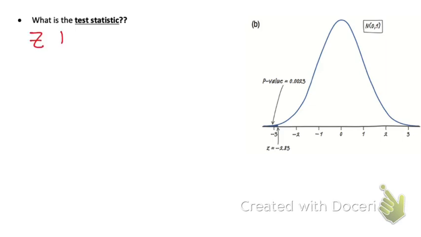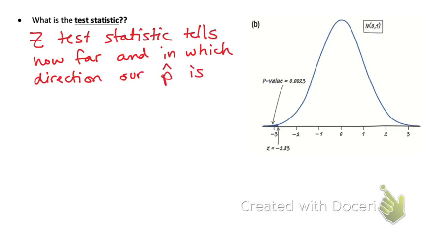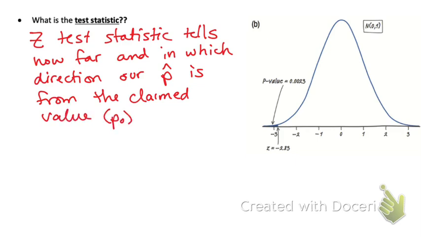The z-test statistic tells how far and in which direction our p hat, our sample proportion, is from the claimed value, which is p naught.